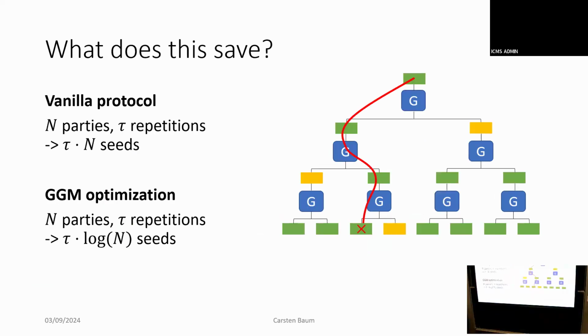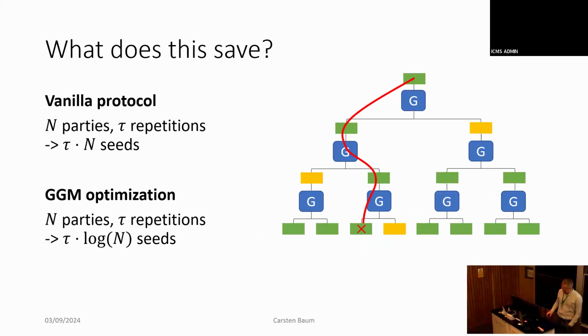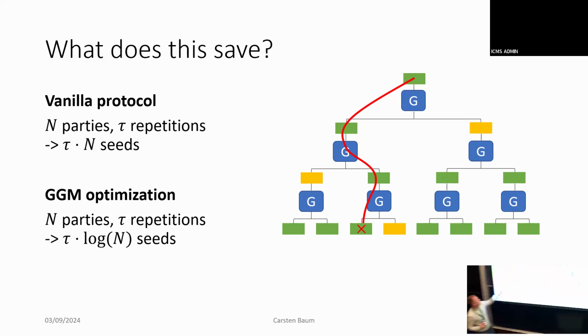And now, just to shamelessly advertise my own work, which has recently been accepted at Asiacrypt this year, we looked at this and thought, well, this is also kind of inefficient. Why is that? Because you do this separately for all of these repetitions. For every MPC instance in the MPC in the head, you derive the seeds in parallel this way.